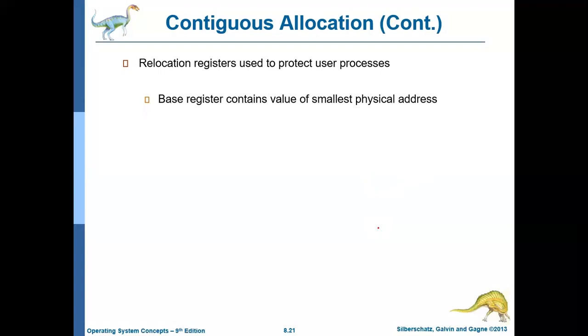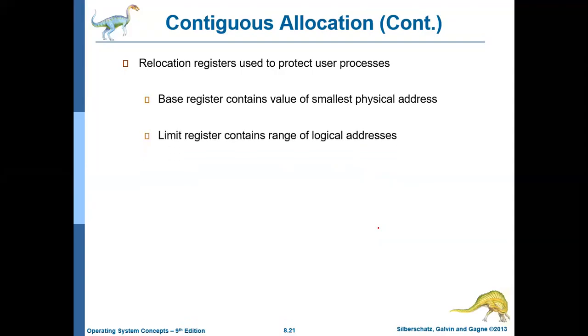That is, how the system hardware ensures that a process does not cross its boundary. Every process has a boundary in terms of its memory allocation, its starting memory and its ending memory, and it should not access anything beyond that. The hardware ensures this by using a base register and a limit register.